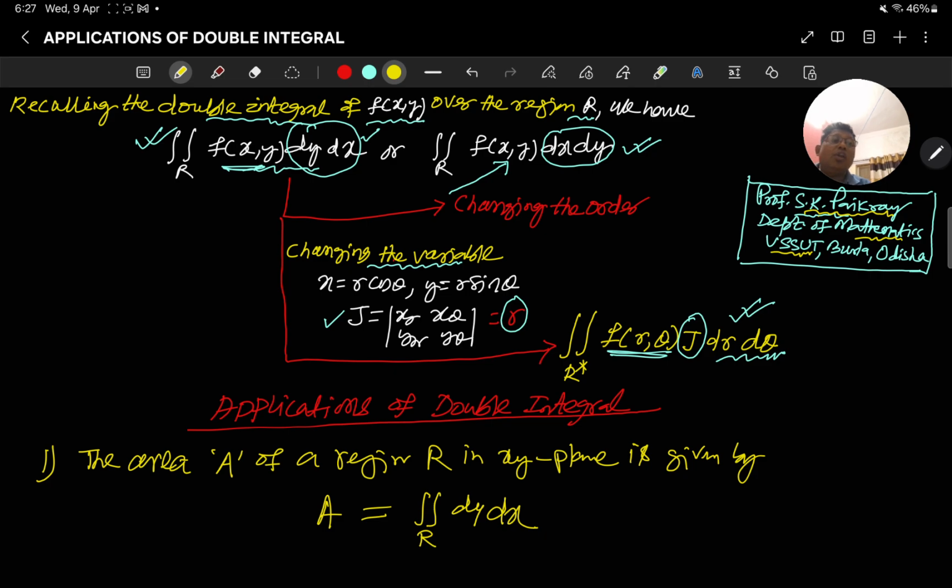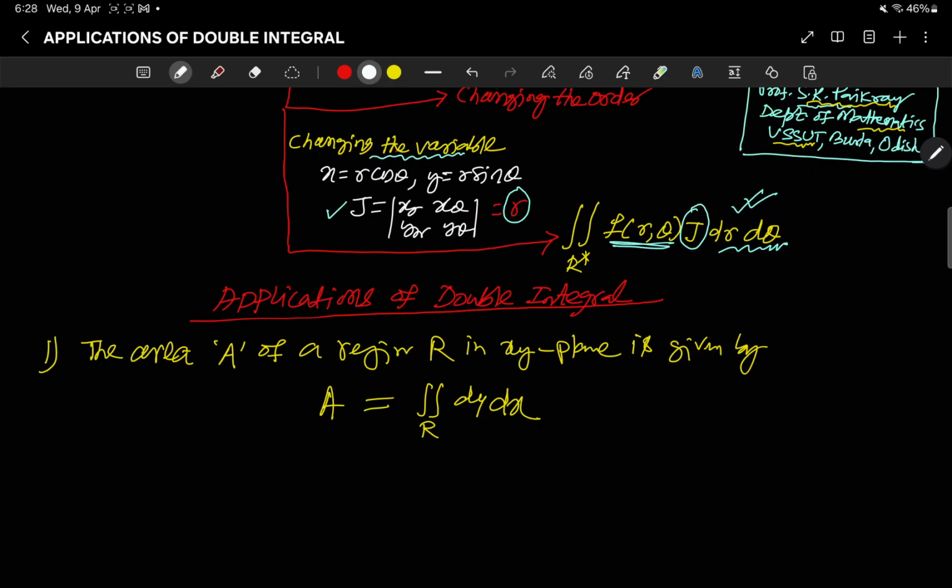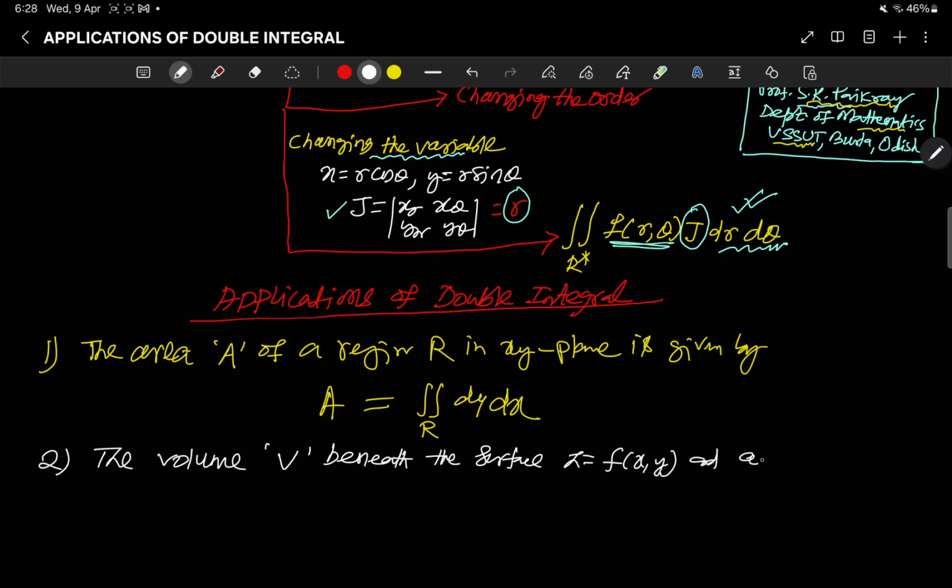And next, coming to the volume beneath the surface and above the region. Coming to the second application, the volume V beneath the surface z equals f(x,y), and above a region R in the xy plane is V equals double integral of z dy dx.